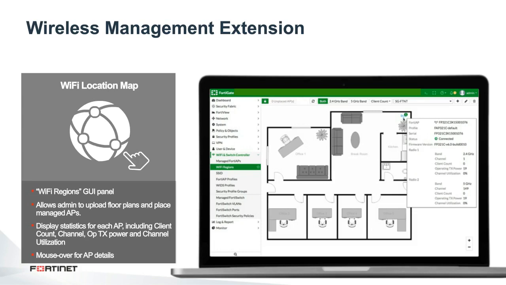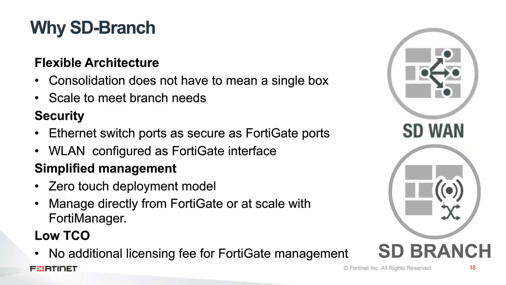I think this is quite true for many. So this location map will give you details of each AP that is managed by the FortiGate, statistics for each AP, and information like client counts, channel utilization, and so on. Next slide.